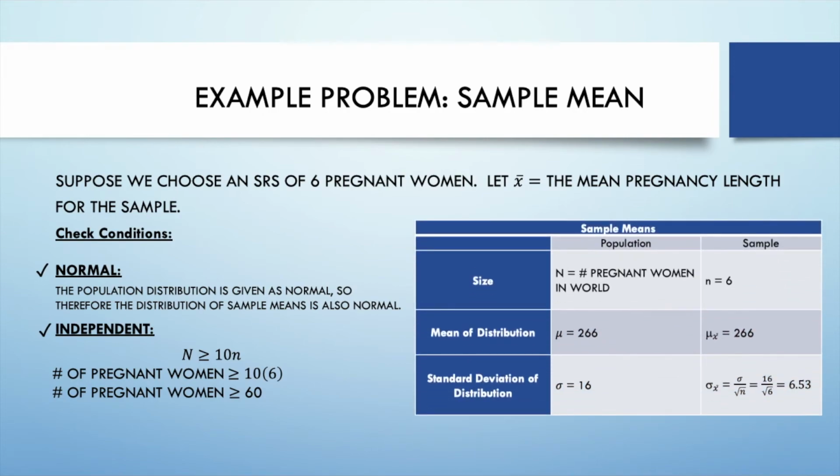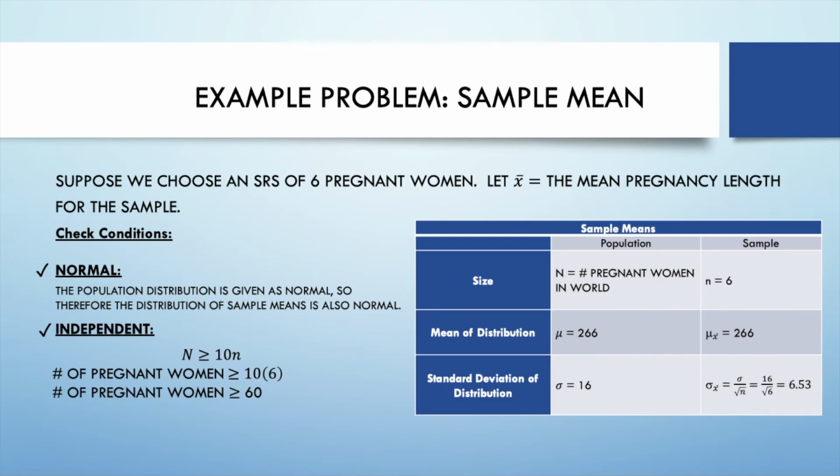When you're doing problems like this, it's a good idea to make yourself a little table where you write down all the information you know. We know that capital N is the number of pregnant women in the world, and small n is our sample size, 6. Our population mean was given to us as 266, and since we're taking a sample mean, that mean will be the same as the population mean.